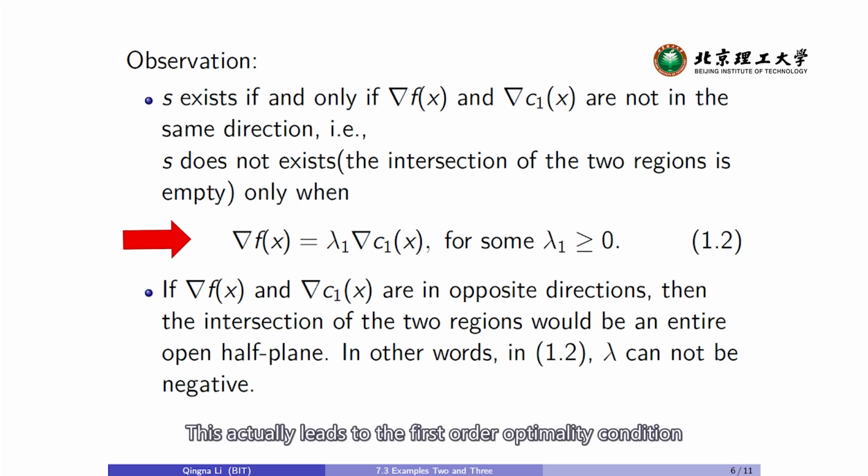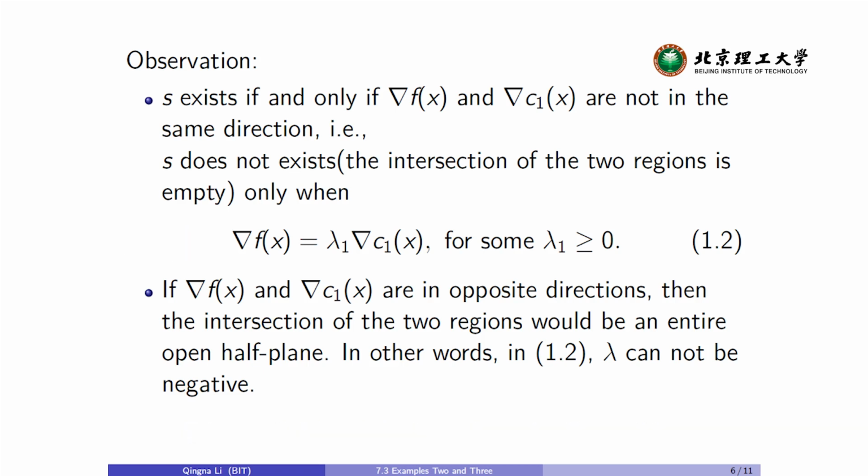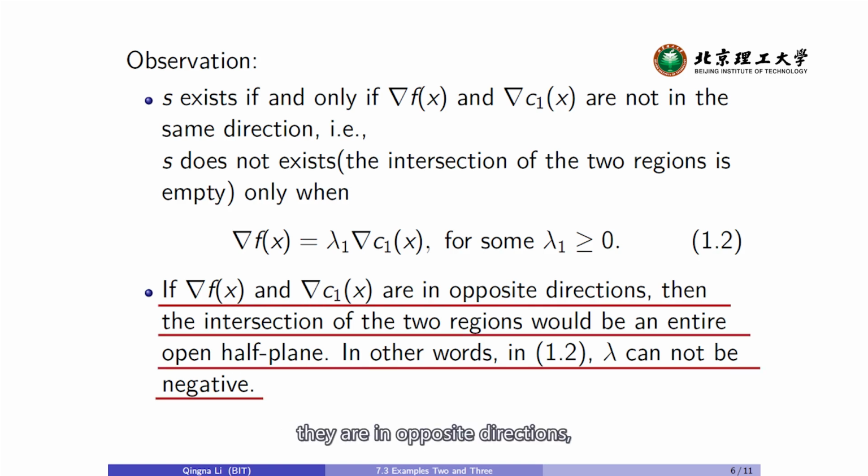So this actually leads to the first order optimality condition for the one inequality constraint case. Notice here that if the two vectors are in opposite directions, then the intersection of the two regions would be the entire space, meaning that for this case, we can always move forward to get a better function value.